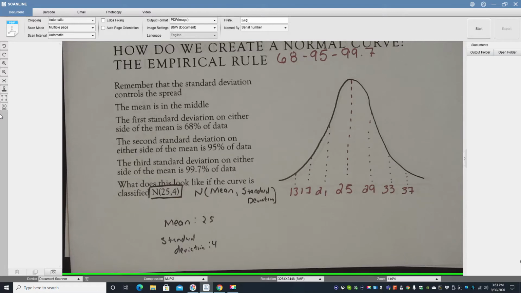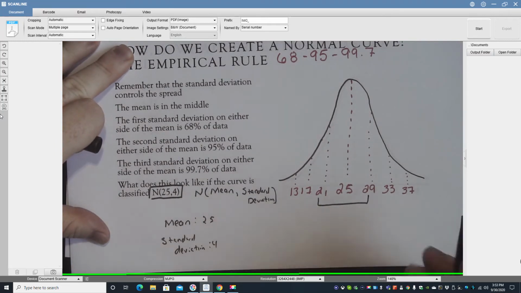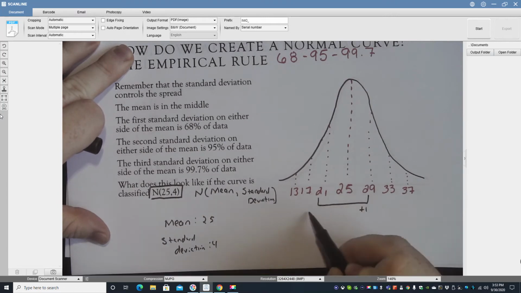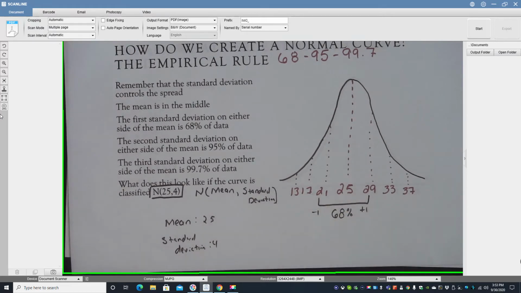Now, if this truly is a normal curve, then the empirical rule states this. Between the first standard deviation on either side of the mean, so this is plus 1 minus 1, contains 68% of the data. So that means with our current information, 68% of the data is in between 21 and 29.